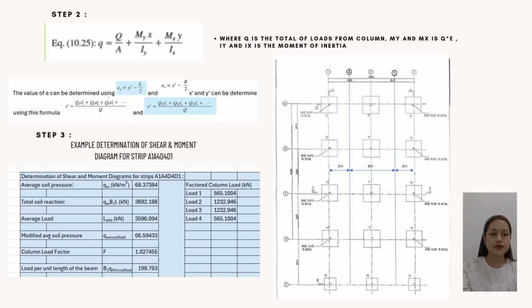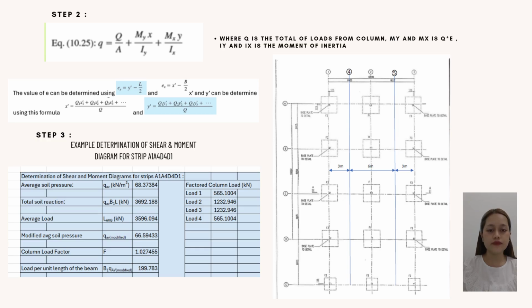The soil pressure can be calculated using the equation where Q is the total of loads from the columns, My and Mx are Q times E, and Ly and Lx are the moments of inertia.